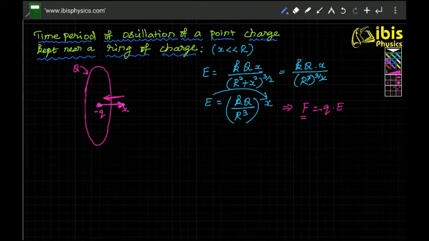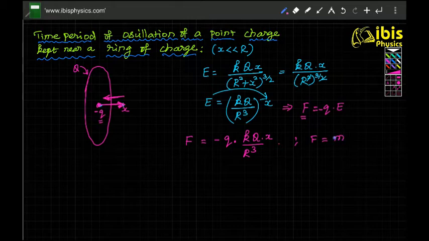Then the electric force acting on this point charge minus q back towards the center of the ring is equal to minus q times the electric field. But the electric field due to a ring of charge is k q x by r cube. This force acting on the charge produces acceleration of the charge toward the center. We know that force is equal to mass into acceleration.